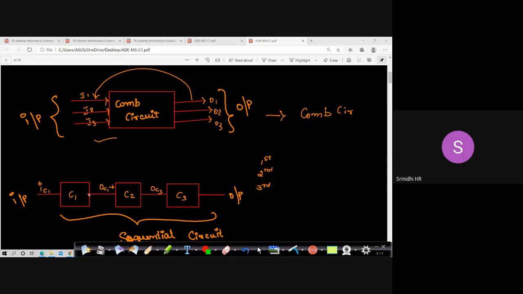So the final output does not depend on the first input; instead, it depends on the previous circuit's output. These kinds of circuits I call sequential logic circuits. In a combinational logic circuit, the output is directly dependent on the input, whereas in a sequential logic circuit, every output acts as input to the next subsequent circuit.